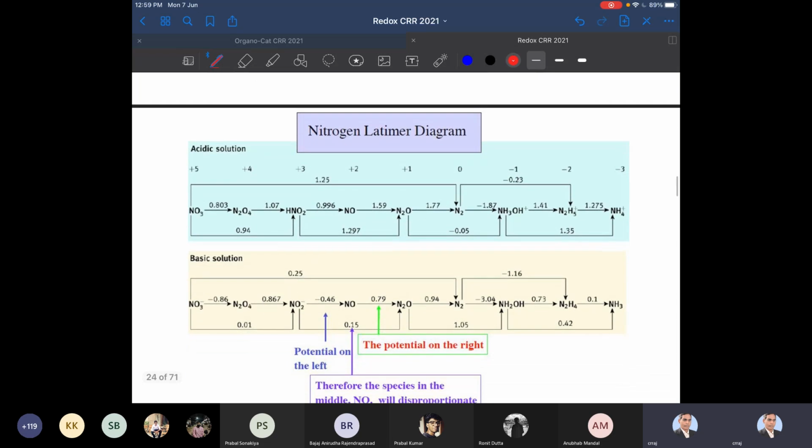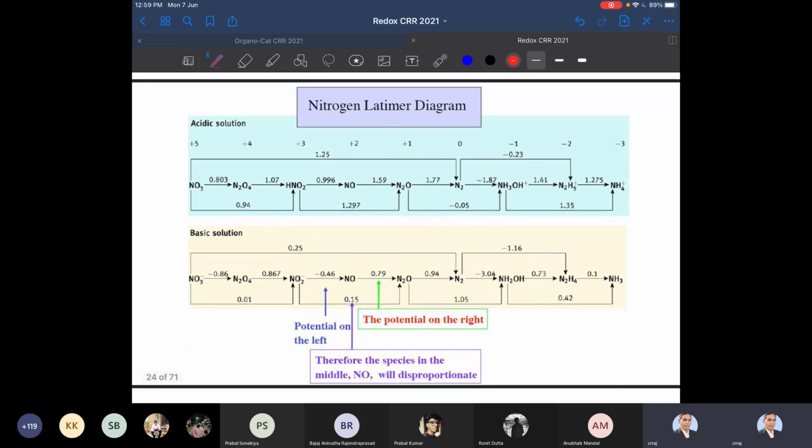Now I'm coming to a little more complex Latimer diagram. What you have seen for iron and oxygen involved very few species. Now I have given a complex diagram. One is an acidic solution, another one is a basic solution. Don't get scared, thinking, oh, this many species, how will you handle that? It is rather straightforward. First look at the acidic solution.